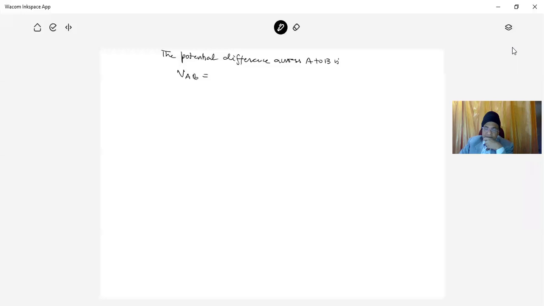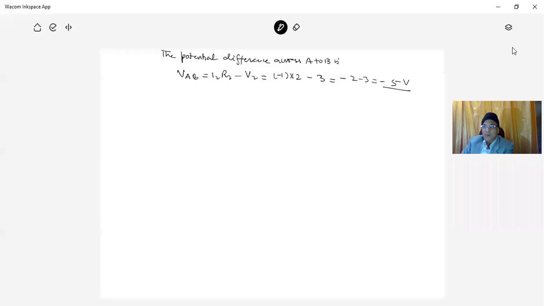VAB is I2 R2 minus V2. That is, I2 is minus 1, R2 is 2, minus 3. So this is minus 2 minus 3, that is minus 5 volt.